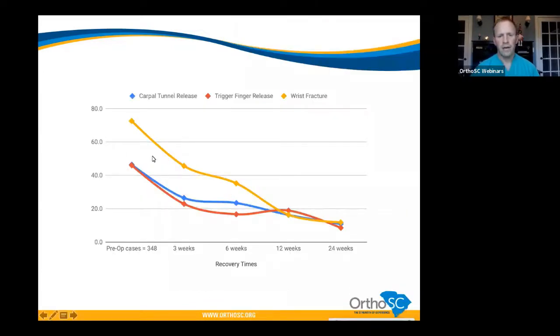So this graph shows you how people typically recover after surgery. So starting here on the left, this top one is a wrist fracture. So this score is out of 100, 100 being you can't use your wrist at all. 15 down here is the normal population.